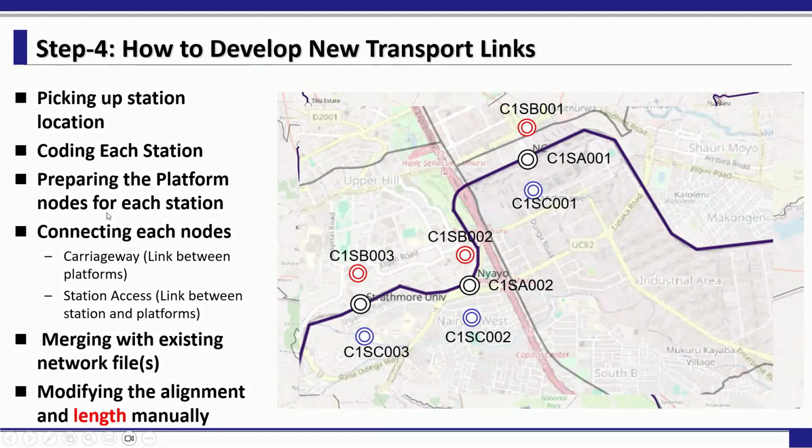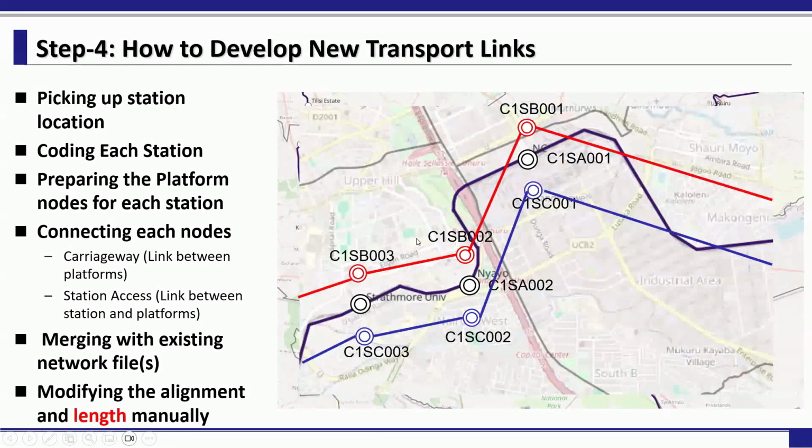Then you can connect the links in the folder. This one is a so-called carriageway section, bounded by direction. And next, some station access and station-to-platform access links can also be developed like this.